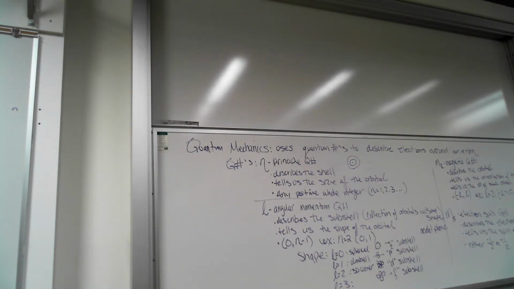Now we'll move on to our L of 1 within our second shell. That is our dumbbell shape. So that would tell us, still we're in the second shell, but now our L is equal to 1. With an L of 1, what are our possible M sub L's?